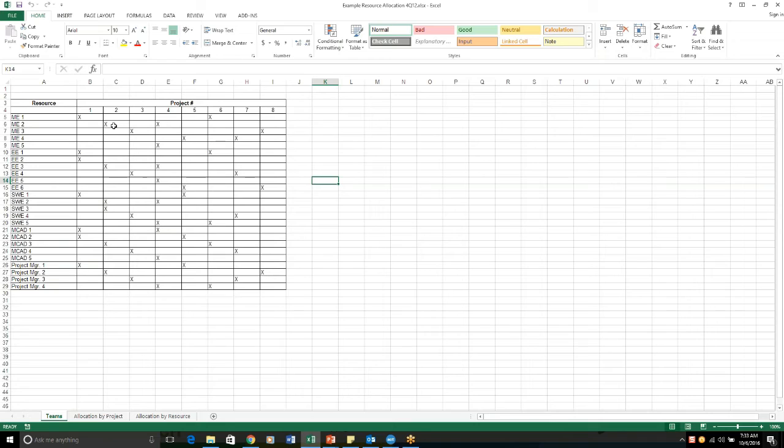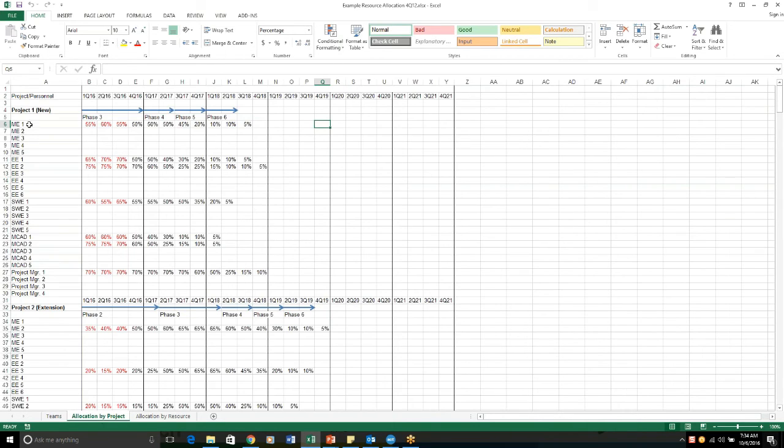Maybe projects 1 and 2 are going on right now, and you've got people tasked with those projects. You're thinking about projects coming in the future and which of these resources have to work on them. So you're always thinking about how the teams are going to get constituted, and of course that's a first step in thinking through the resource allocation process.